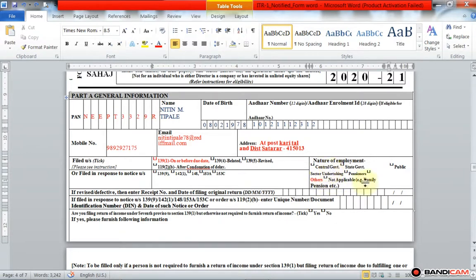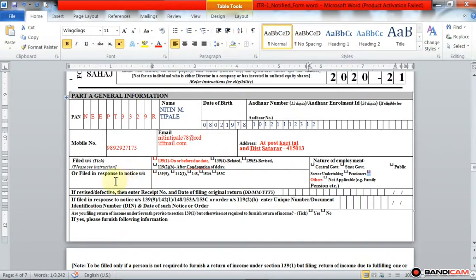Here the SSE worked in the private sector, so we make a read to other employee, because here we cannot right click on the respective box. Got it? So we read this respective box, that is SSE is other employee, that is private sector employee.